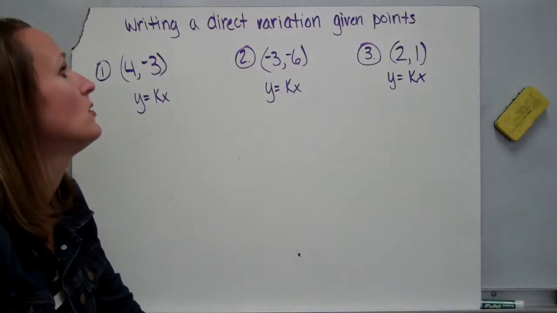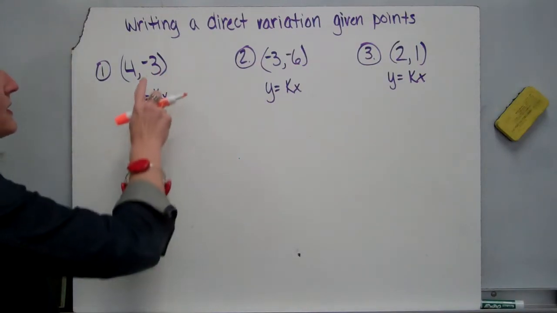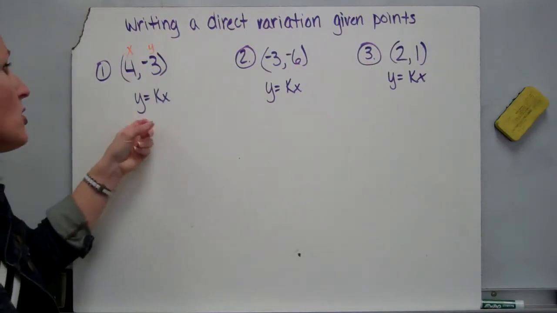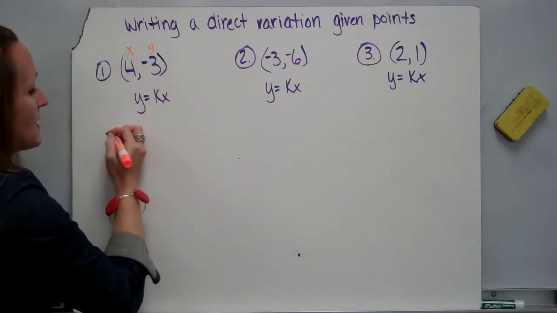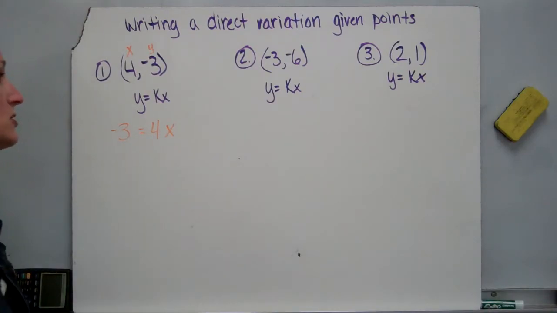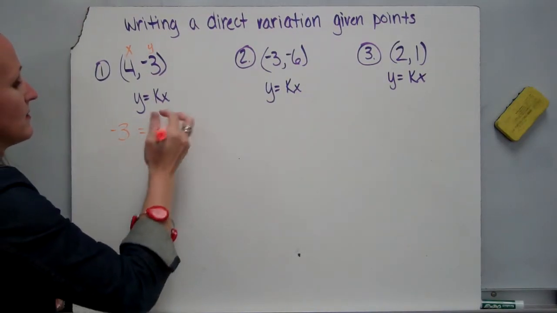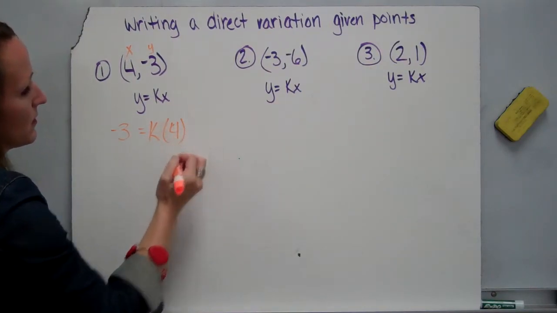Okay, so let's write a direct variation given the points. So to do this, we know that this represents a y and this represents an x. So we just need to solve for k. So we could say that negative 3 equals k times 4, or 4k.